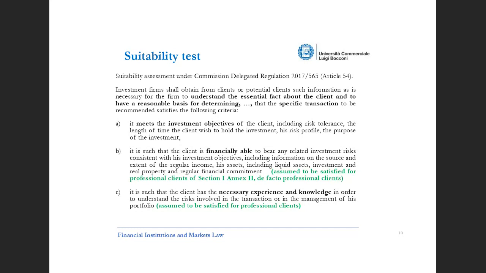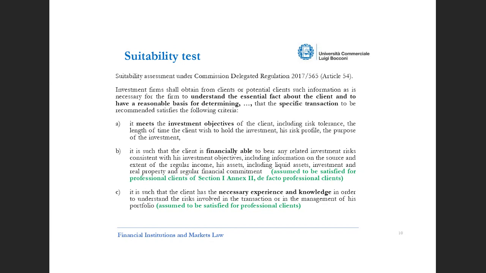So what we end up with is that even for professional clients, suitability test is necessary in the context of investment advice and portfolio management, but condition B is applicable only to professional clients upon request, and condition C instead is assumed to be satisfied for professional clients. So professional clients are subject to suitability with some exceptions.